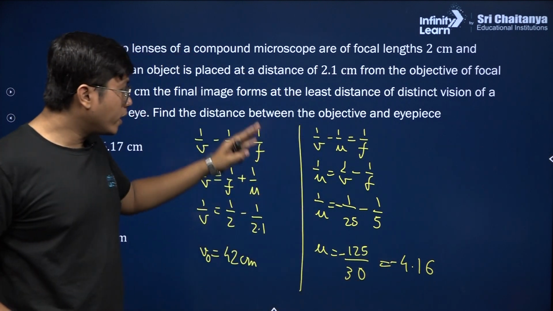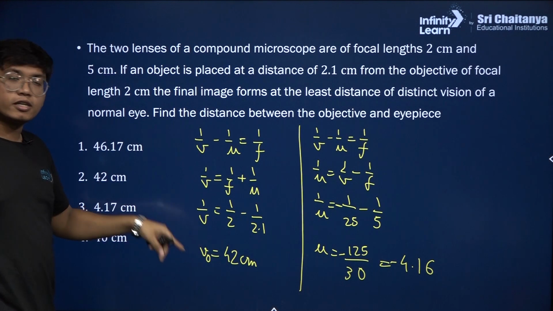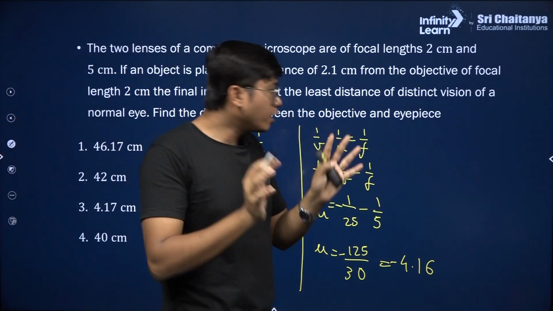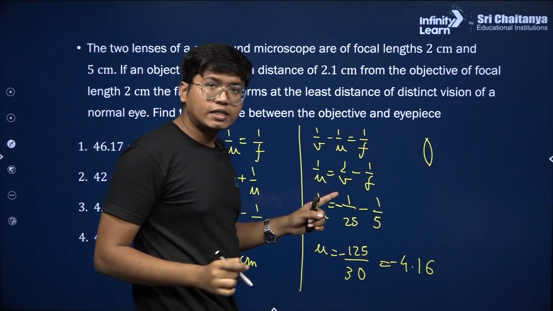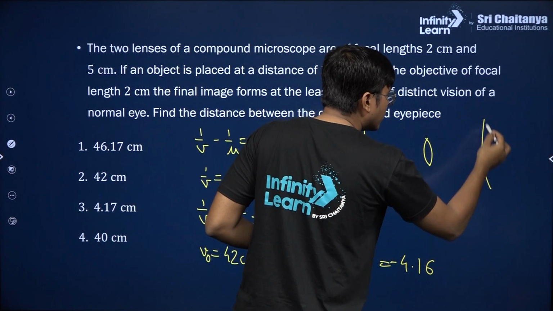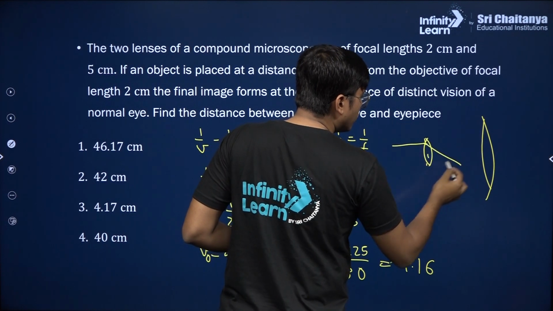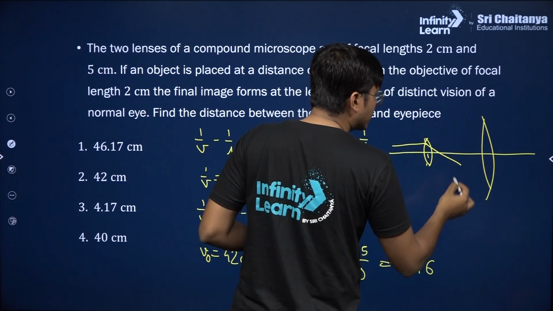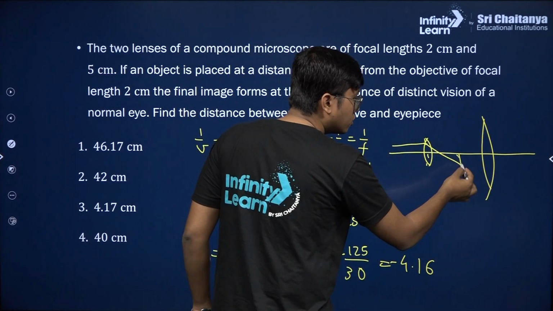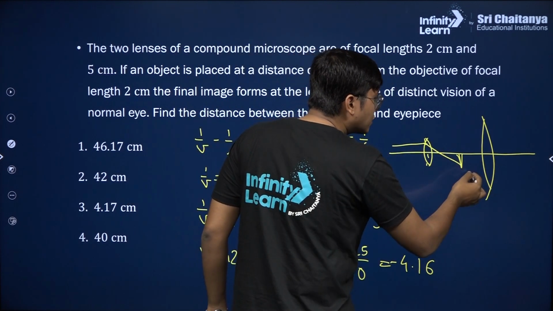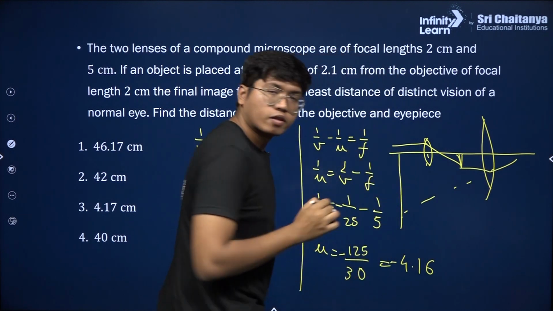Now, why do we need the object distance of the eyepiece and the image distance here? Because I'll draw a rough, very quick diagram of the microscope. In a microscope, you had the objective lens here, you had the eyepiece over here, and if you recall, this was the principal axis. The objective creates an image, and that image acts as the object for this to create the virtual image back here.